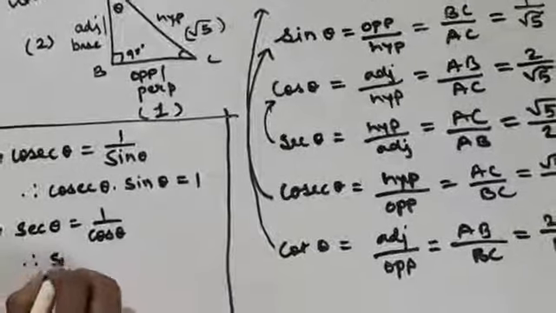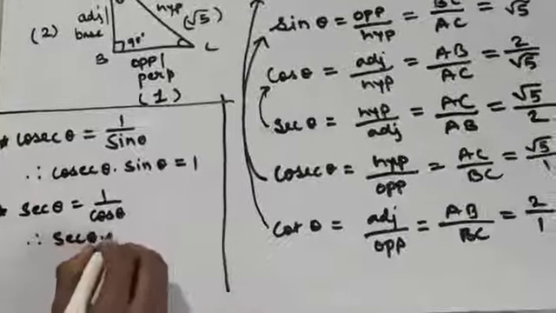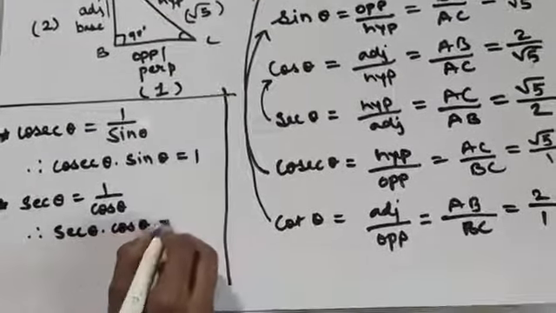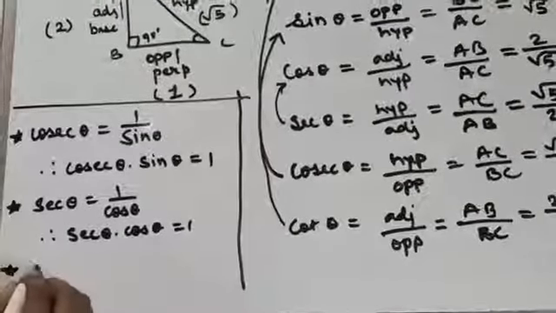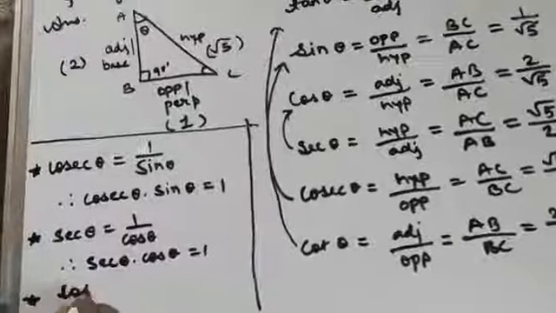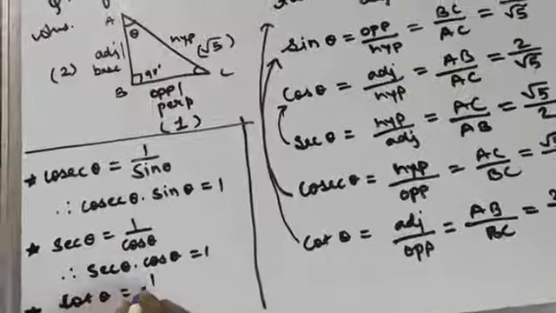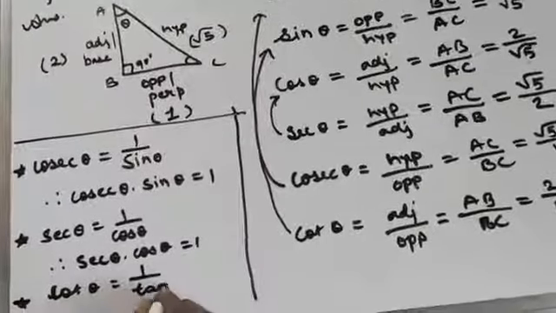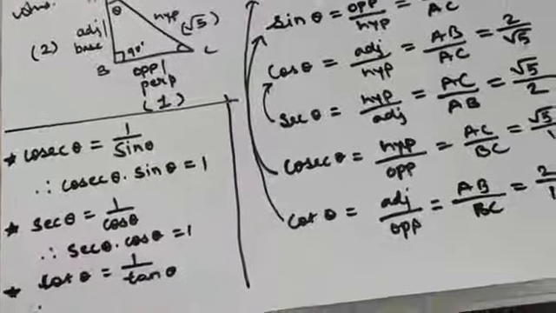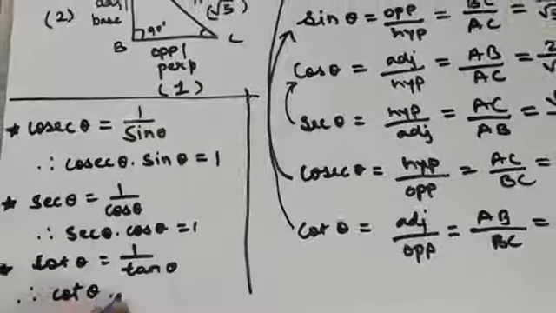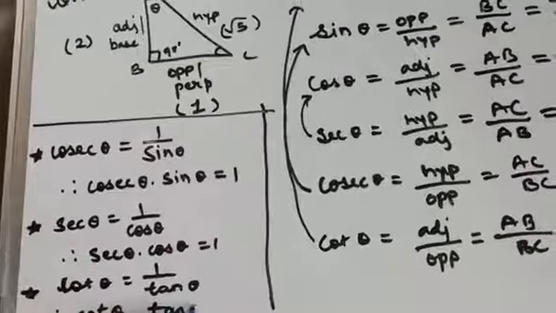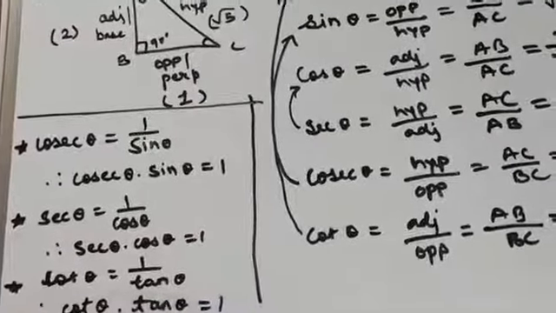Therefore sec theta into cos theta is equal to 1. Similarly, cot theta is equal to 1 upon tan theta. So therefore we can say that cot theta into tan theta is equal to 1.